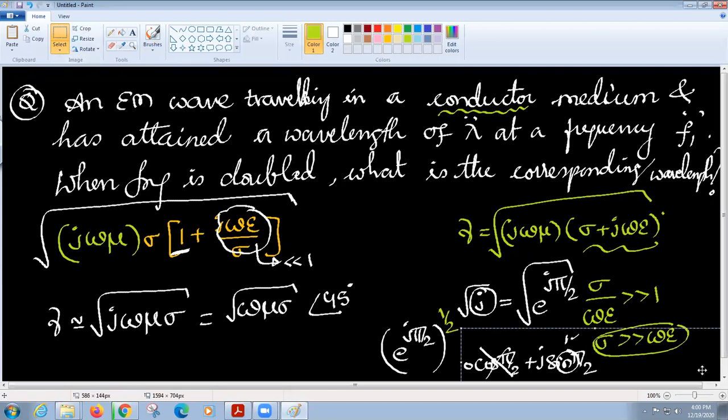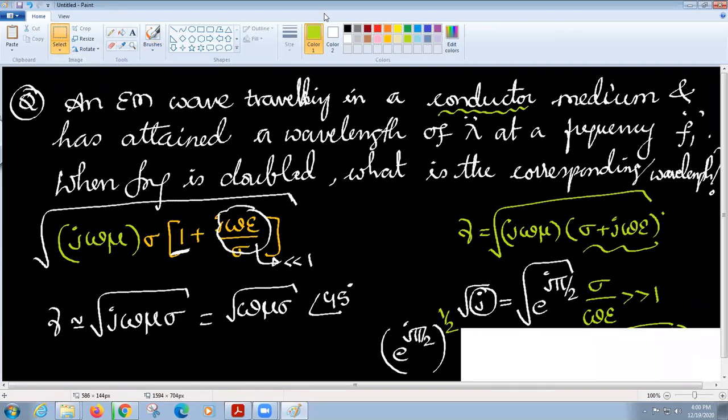So with this, what I can do now is this. So e power j pi by 2, I have 1 by 2 in the exponent. So I multiply this, I get e power j pi by 4. E power j pi by 4 is cos pi by 4 plus j sin pi by 4.